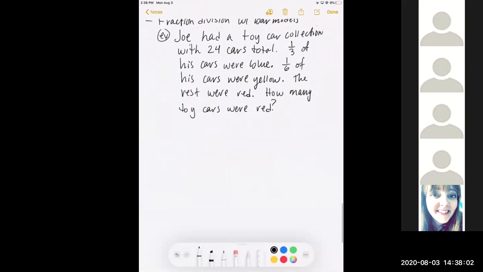Go ahead and draw a bar. Nice long bar. We know that all of them together is 24 cars. So 1/3 of them are blue. So I'm going to separate out a third here, and I'm going to do the blue segment here on my bar. I can still label it though.